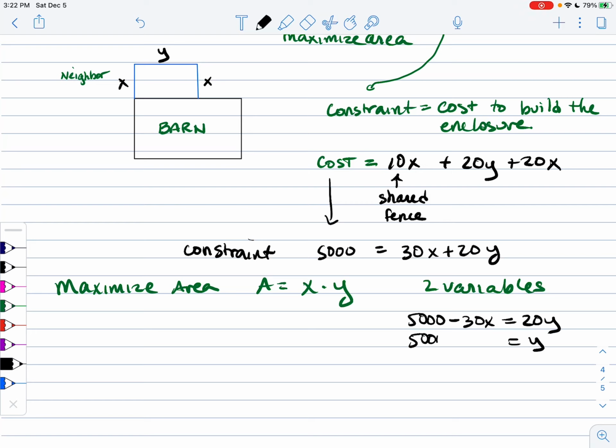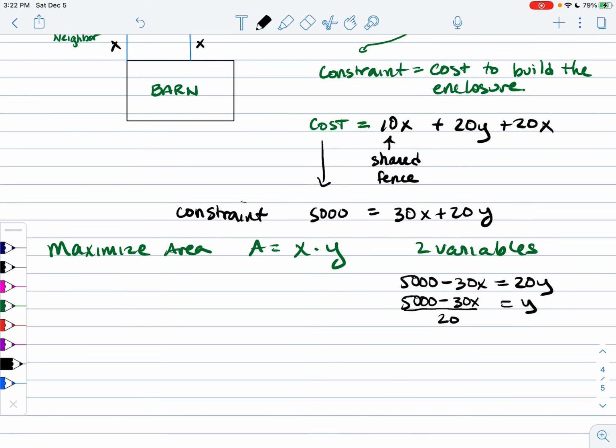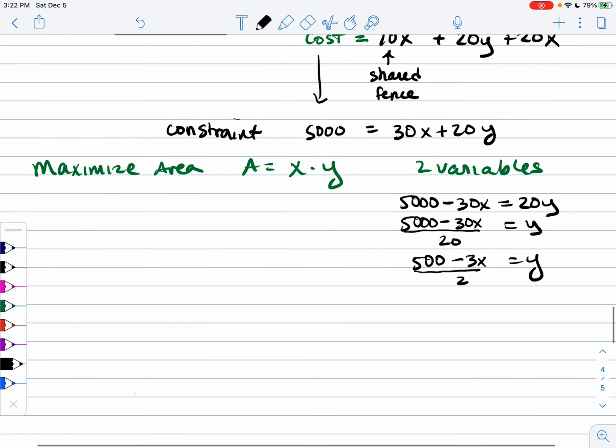Y here is going to be (5,000 minus 30x) over 20. I can divide by 10 throughout, and I'm going to get (500 minus 3x) over 2 equals my y.